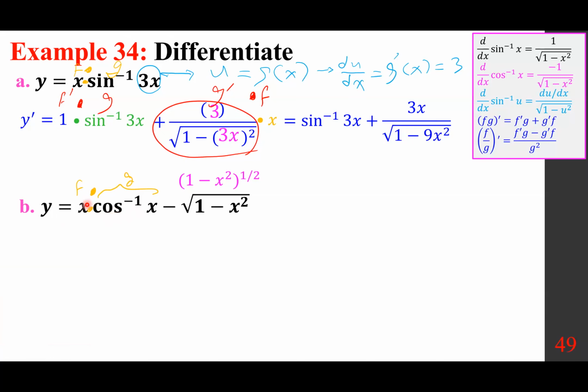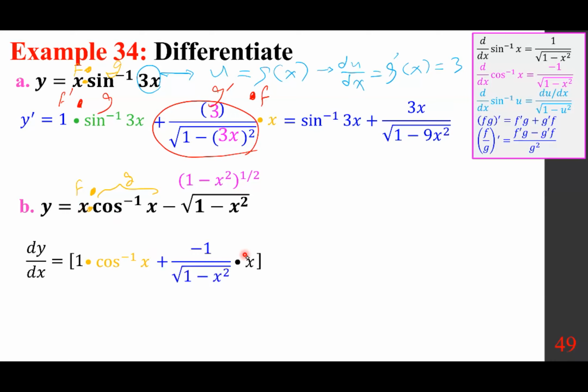So f prime, the derivative, is 1 times g, cosine inverse of x. So 1 times cosine inverse of x plus g prime. The derivative of cosine inverse of x is negative 1 over square root of 1 minus x squared, times f, times x. And this one, we are going to look at the top one and use the extended power rule on that.